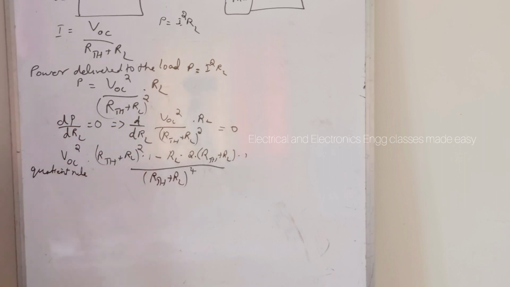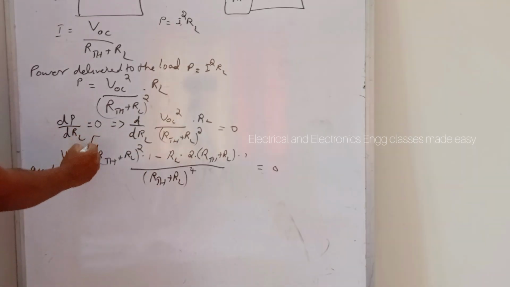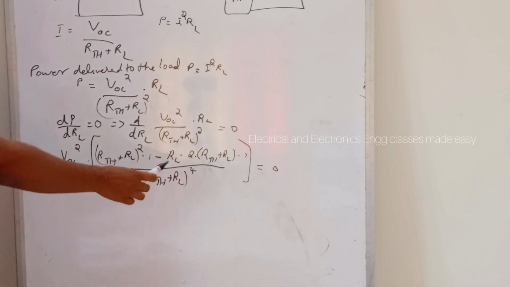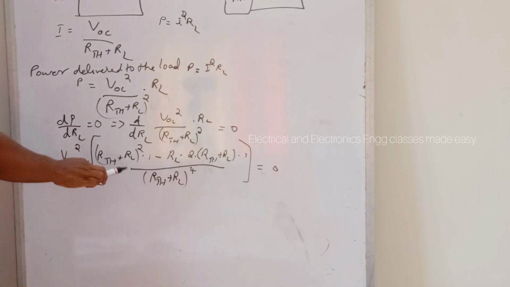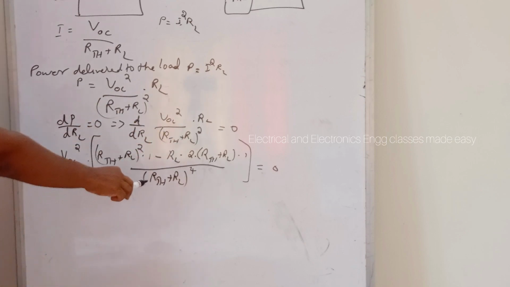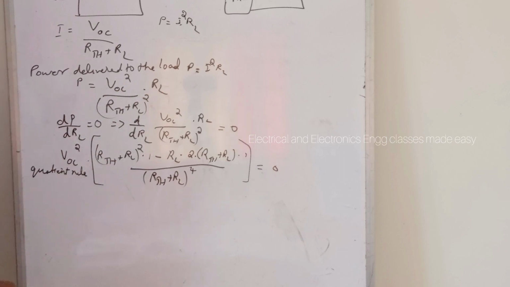Now equate to 0. VOC square gets cancelled, and also RTH plus RL raised to 4 gets cancelled. Then the remaining thing is the numerator.